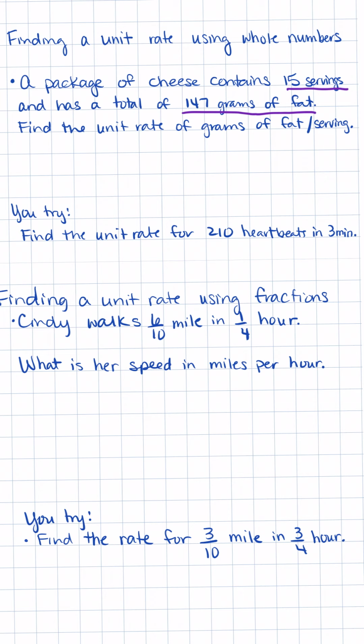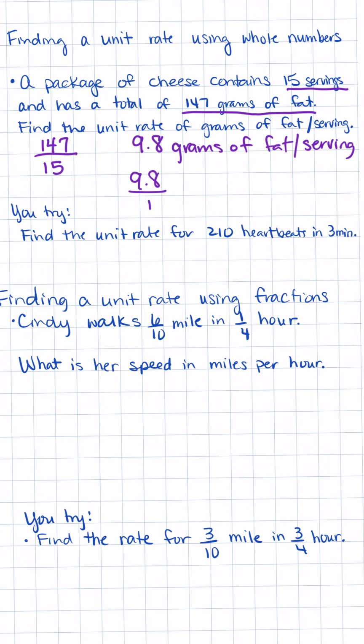So we know the grams of fat, 147 in 15 servings. If we take 147, and you can use your calculator, and divide it by 15, we get 9.8 grams of fat per serving. So the ratio is 9.8 over 1.